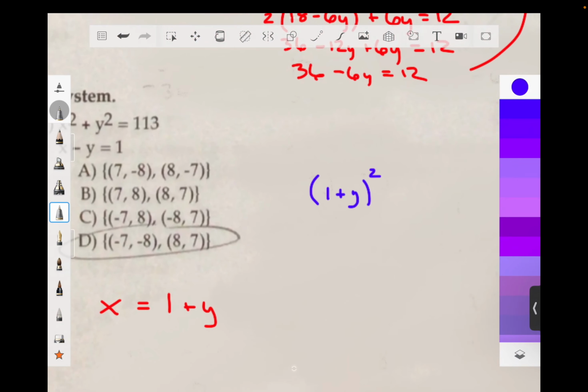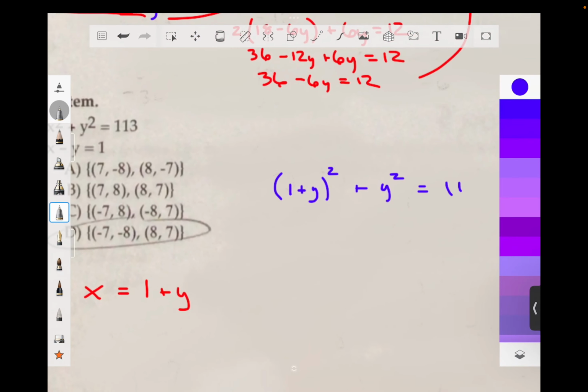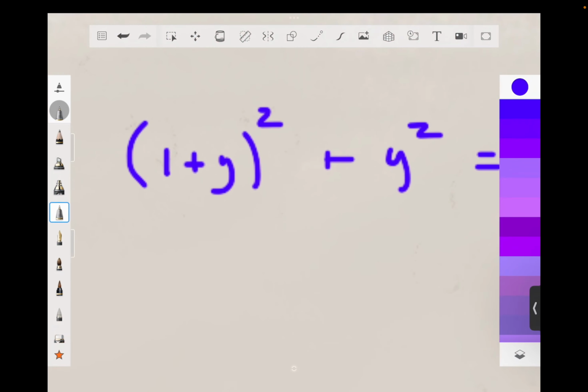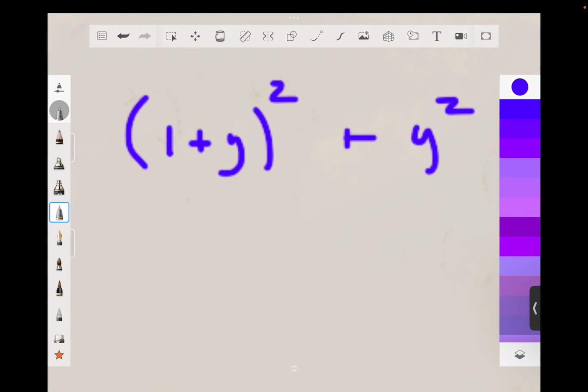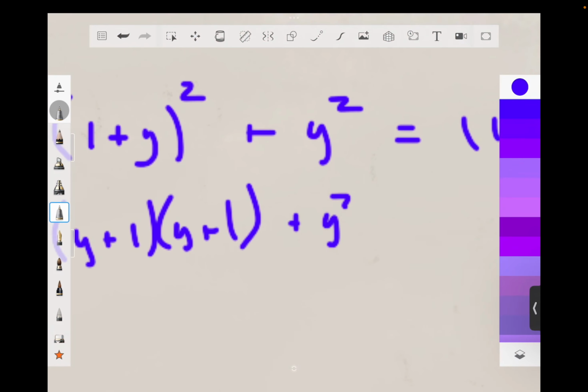So it's going to be 1 plus y squared plus y squared equals 113. This is a quadratic. I didn't even realize. I might as well write it, right? This is the same thing as saying y plus 1 squared plus y squared equals 113.